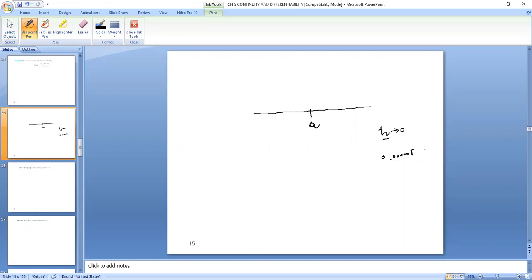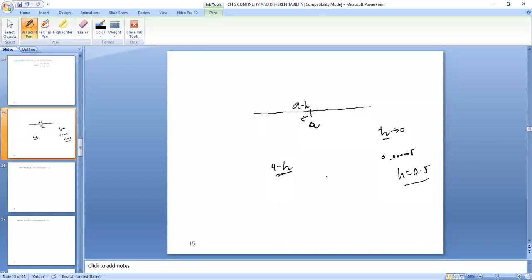Now just for understanding, I am taking the value of h as 0.5, right? Just for understanding, but actually h will be very small. Now, if I subtract h from A, this A minus h will lie towards the left of A, right?